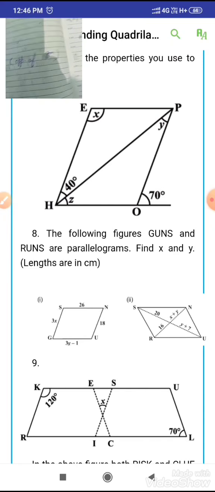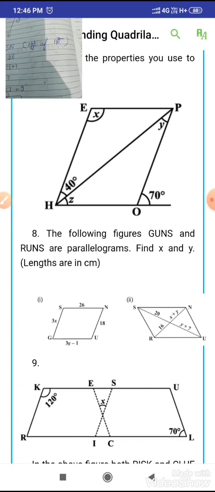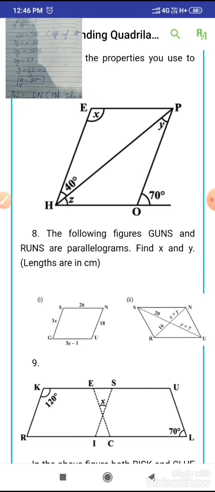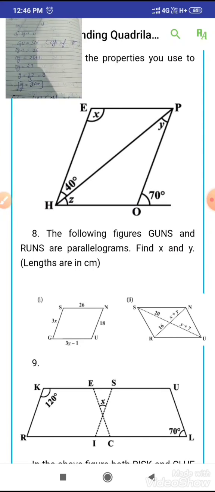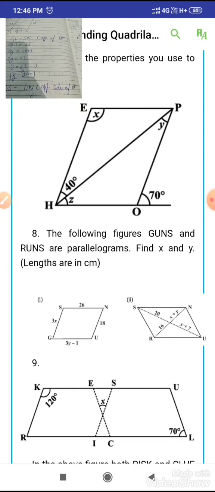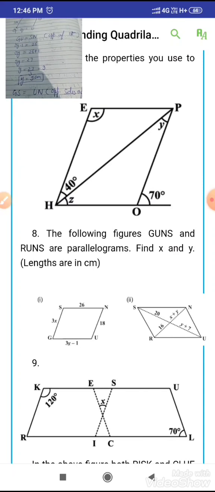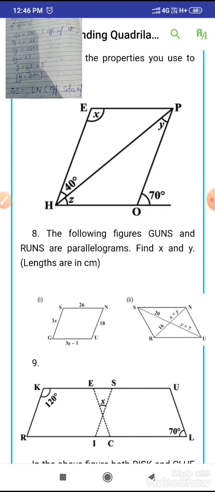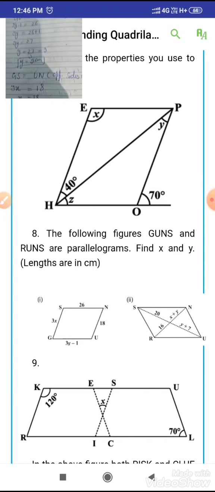First we write GU is equal to SN because opposite sides of a parallelogram are equal. Then we put the value of GU and SN here. Value of GU is y minus 1, and value of SN is 26. From here we calculate the value of y and it is 9 centimeter.